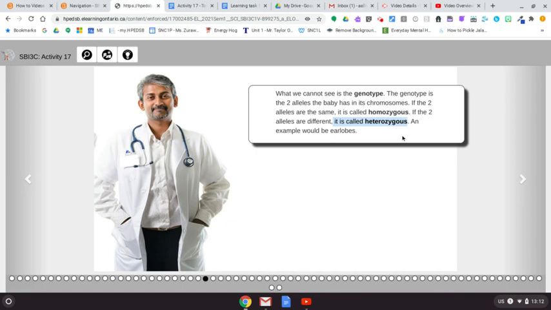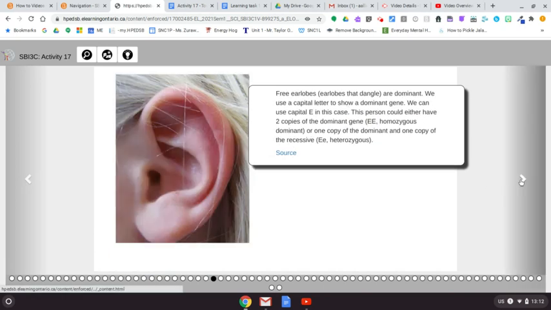But genes can also be heterozygous, which means that you get a big B and a little b, and it can change what things look like. So an example here is earlobes. Earlobes that dangle are dominant. We can use a capital letter to show the gene, capital E. So if the person is showing this dangling earlobe, they can either be EE, which is homozygous dominant, because both of their parents gave them the dominant trait.